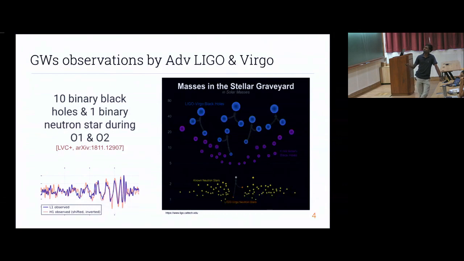The blue ones are observed in the gravitational wave window, the black holes and the neutron star merger seen in LIGO and Virgo. The remaining black holes are observed in the electromagnetic window, basically the X-ray binaries, and there are other neutron stars that we see through electromagnetic observation.